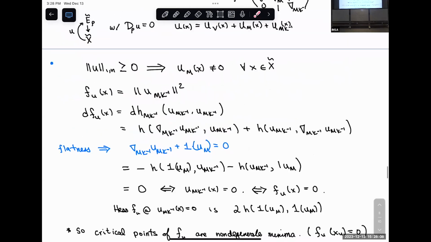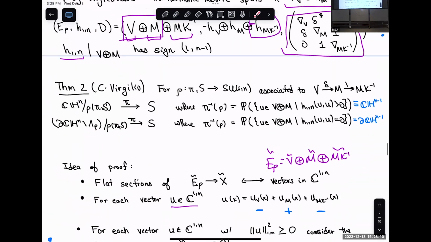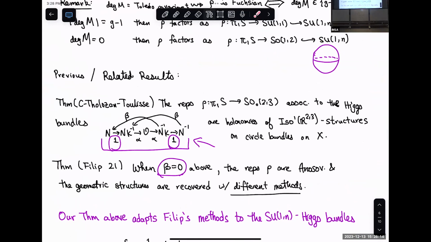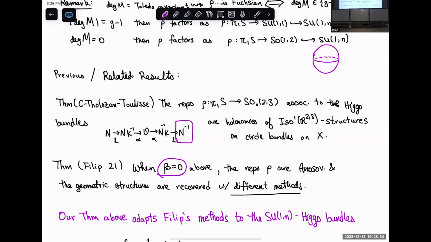So let me just go back. Here. What he applied it to were these types of Higgs bundles. And what the function was: now the flat bundle is an R^{2,3} bundle, and you take the norm squared of the projection onto the last piece again.